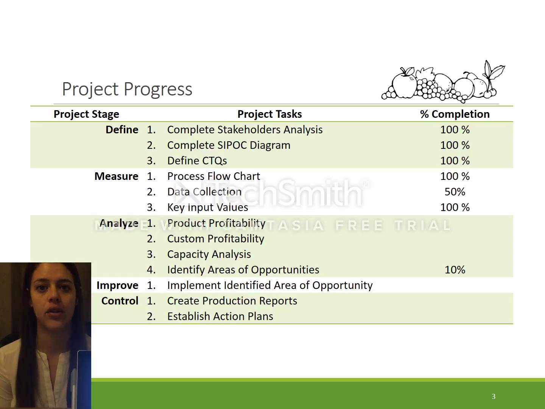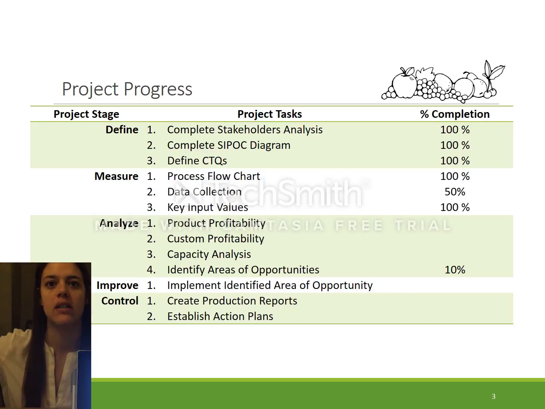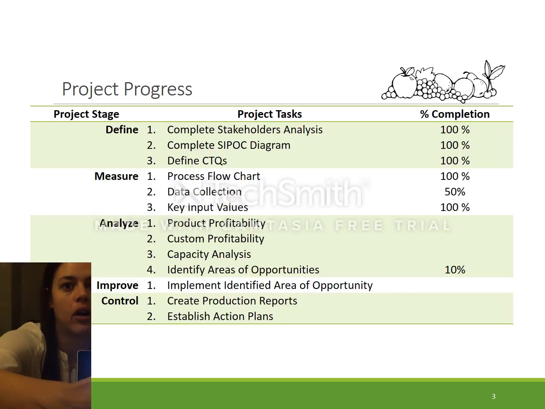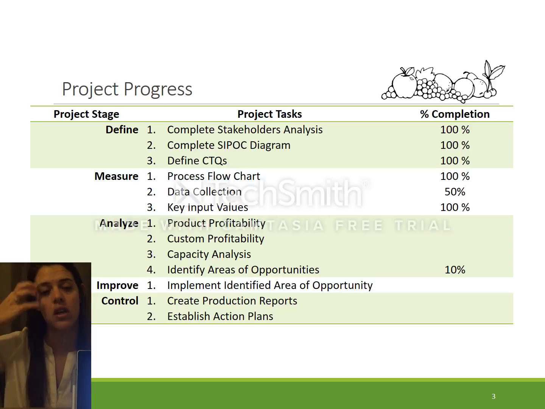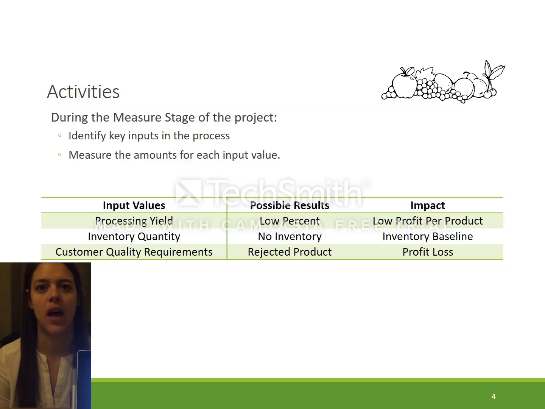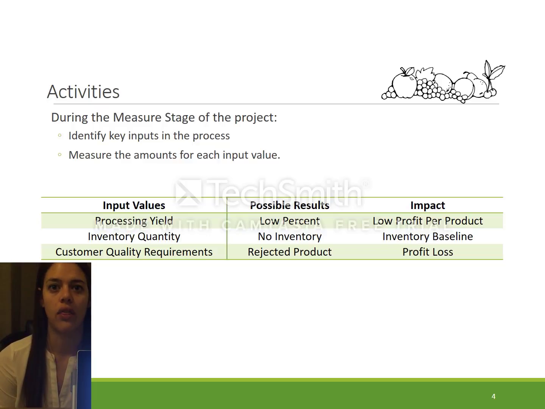So in order to begin this measure process, we began establishing what key inputs have an impact on our day-to-day operations. We established that our key inputs are the yield percentages, how much of a raw material is actually being sold.